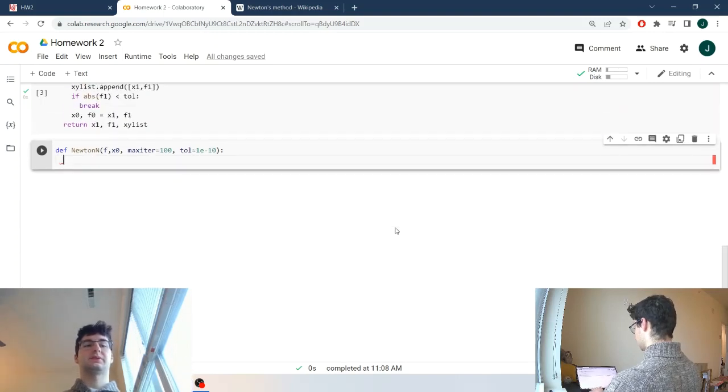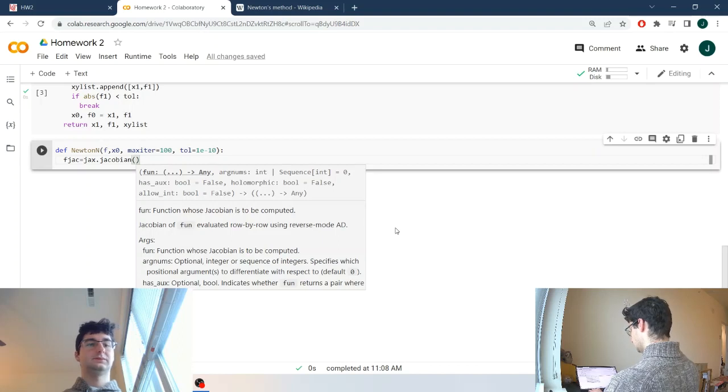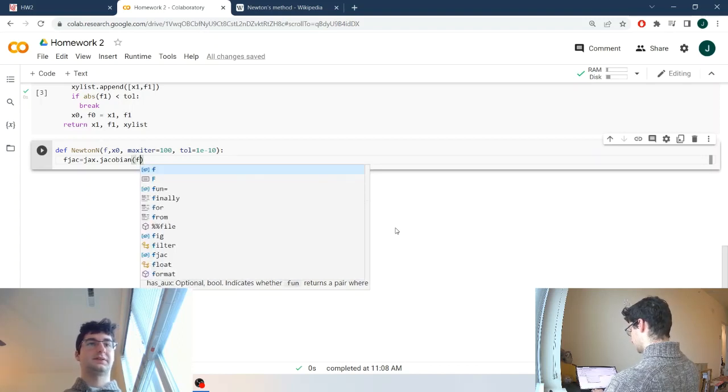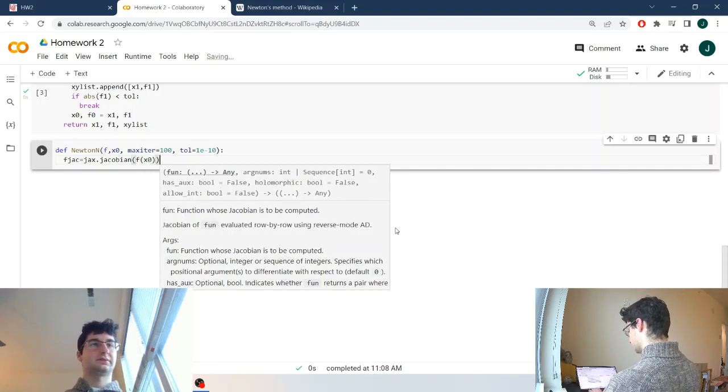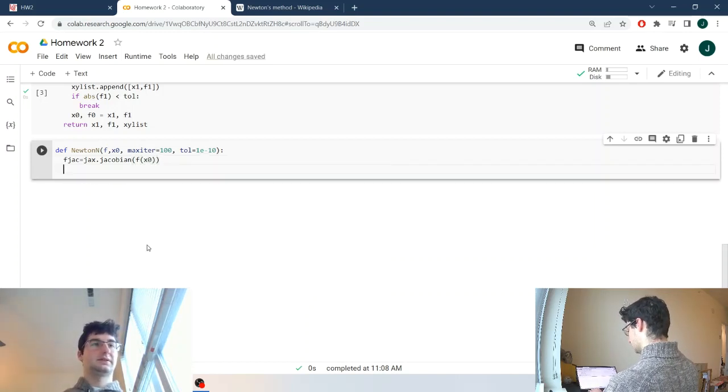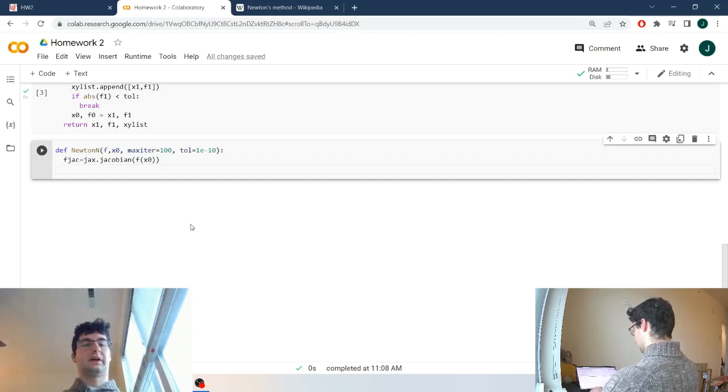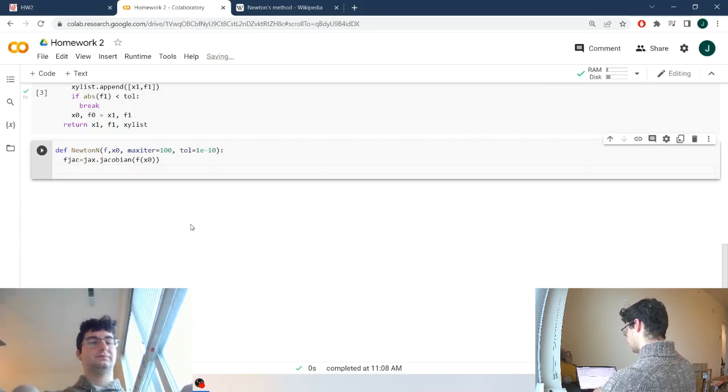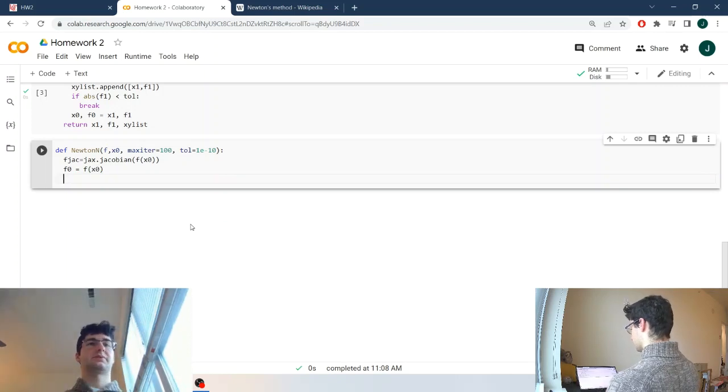First things first, we're going to solve for our Jacobian. So let's do f for Jacobian equals the Jacobian of f evaluated at x0. Now let's say that f0 equals f of x0, same process we did before.